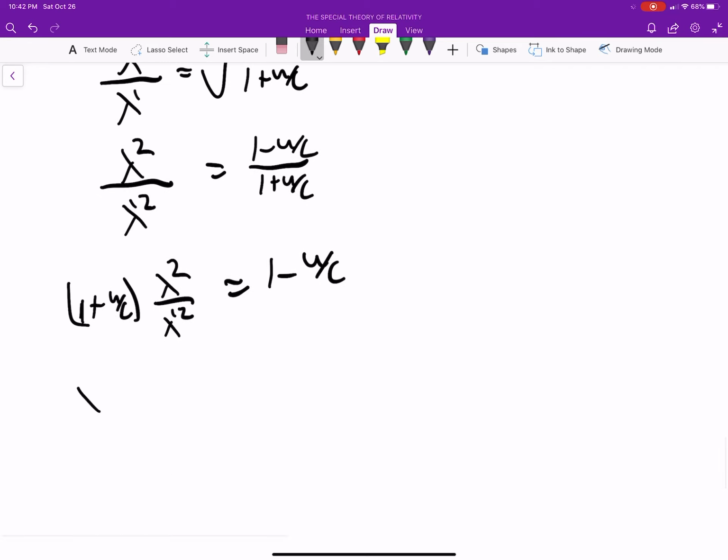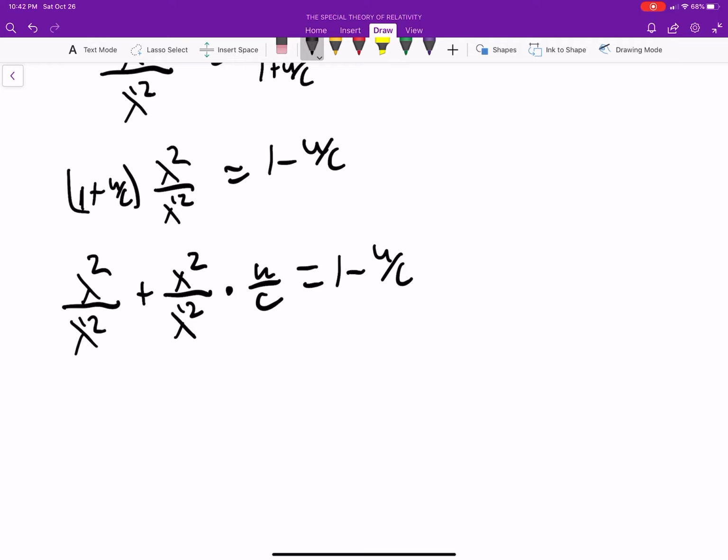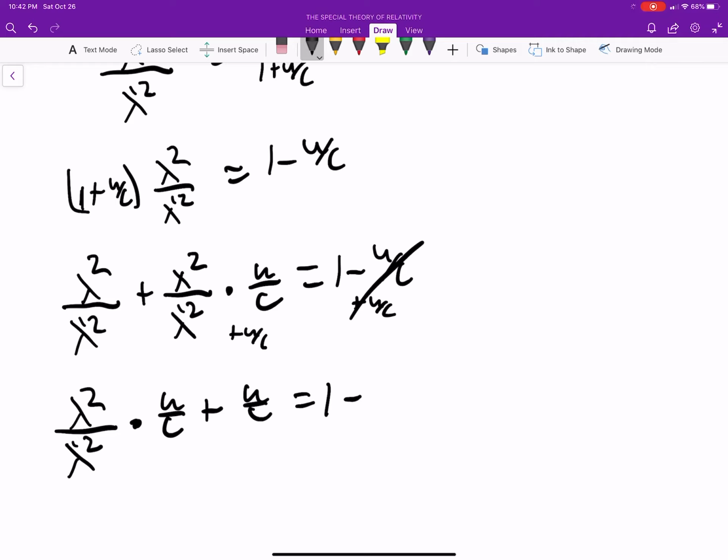So lambda squared over lambda prime squared plus lambda squared over lambda prime squared times u over c equals 1 minus u over c, or doing a little bit of algebra, lambda squared over lambda prime squared times u over c plus u over c, if we add this over, is equal to 1 minus, subtract this bit over, lambda squared over lambda prime squared.